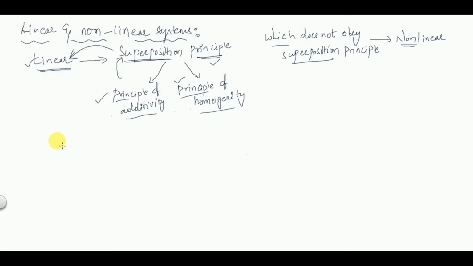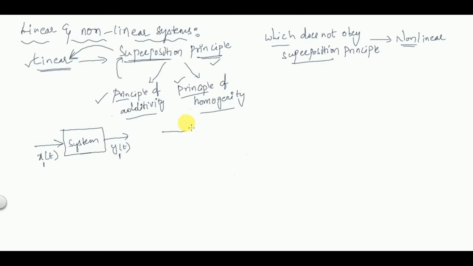Now see, if there is a system whose input is x of t and its output is y of t. For the same system, suppose the input is x1 of t and the output is y1 of t.